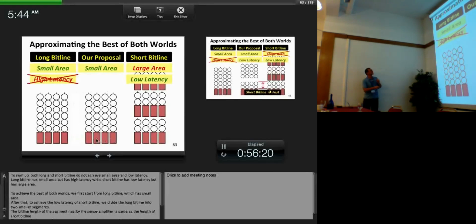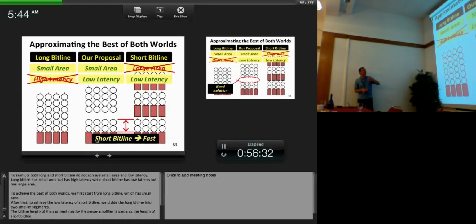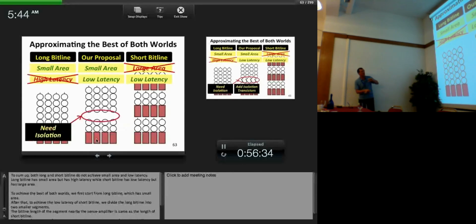So our proposal is to start with this long bit line DRAM, such that it buys a small area, but have a low latency area in this DRAM. Basically, have part of it at low latency, and isolate that from the long bit line.